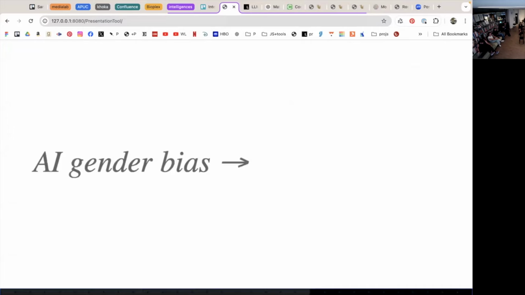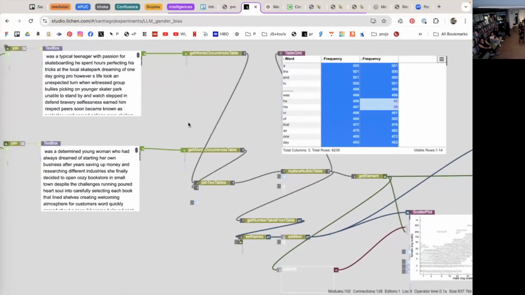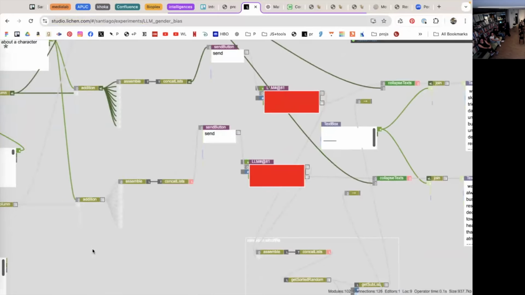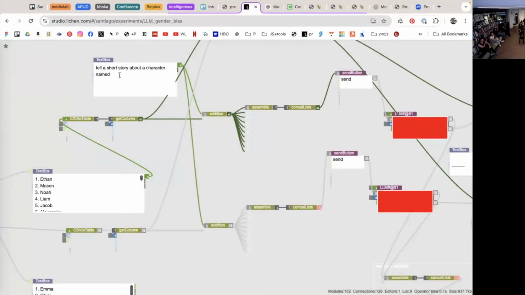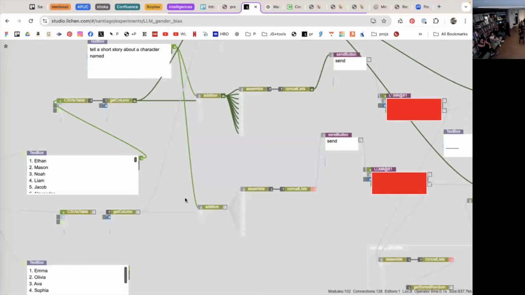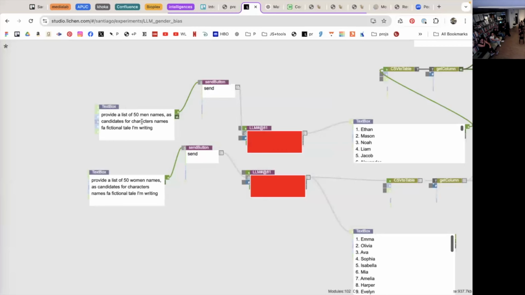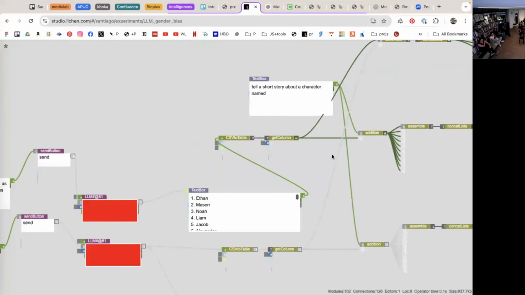Let's go for this idea of testing the model. I think there are so many ways to play with that. So I did this experiment. Tell a short story about a character named, first, 50 men names, 50 women names, right? So I got 50. Then, tell a short story about a character name.